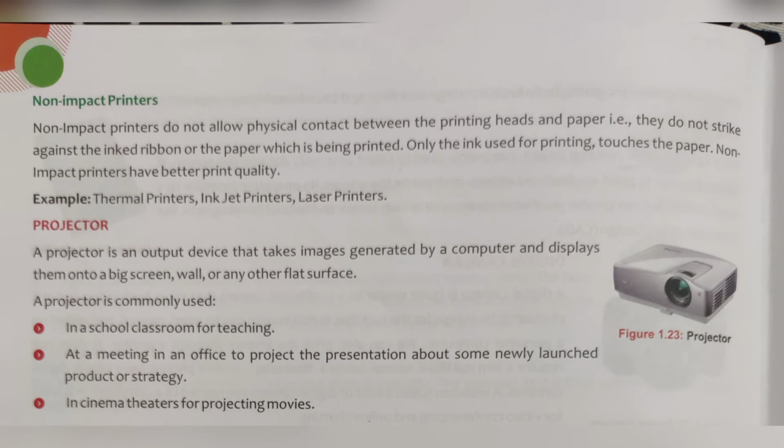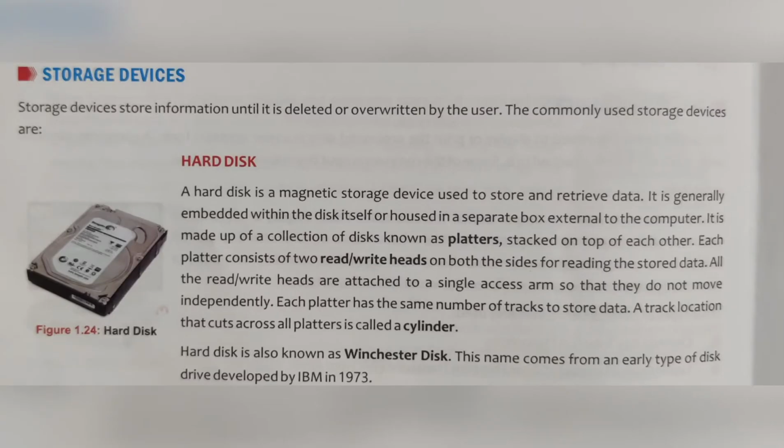A projector is commonly used in a school classroom for teaching, at a meeting, in an office to project a presentation about some newly launched product or strategy, and in cinema theaters for projecting movies.